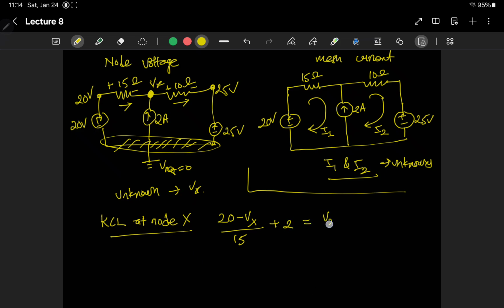The current leaving is (Vx minus 25) divided by 10. So there is only one unknown parameter here.